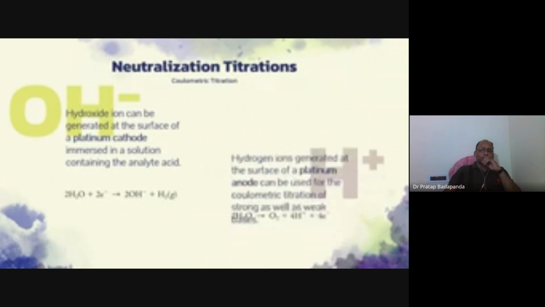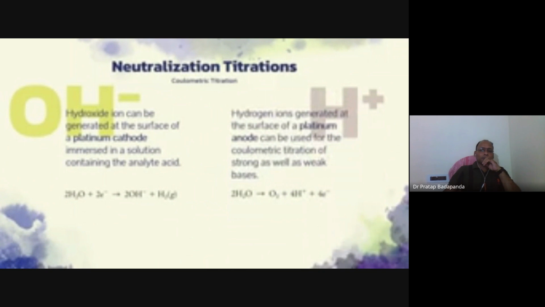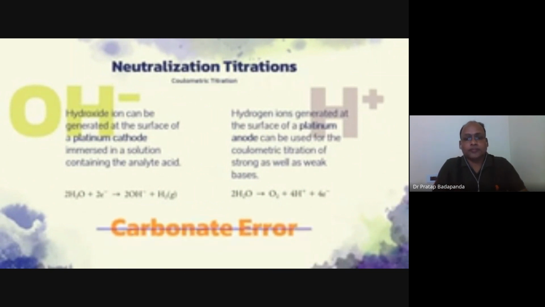Whereas, hydrogen ions generated at the surface of a platinum anode can be used for the coulometric titration of strong, as well as weak bases. Coulometric titrations of acids are much less susceptible to the carbonate error encountered in volumetric methods.